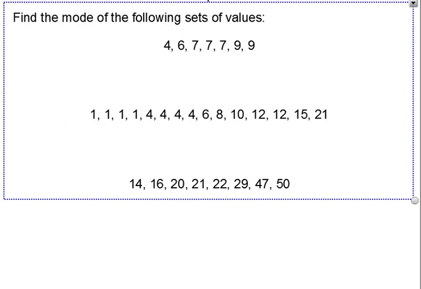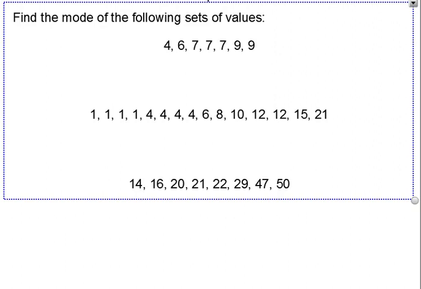We're going to move on to the mode, and the mode, remember, is the most frequently occurring value. I've got 3 different sets of numbers here, and we're going to find the mode of each. Mode means most. In the first set of data values, we've got the numbers 4, 6, 7, 7, 7, 9, 9.